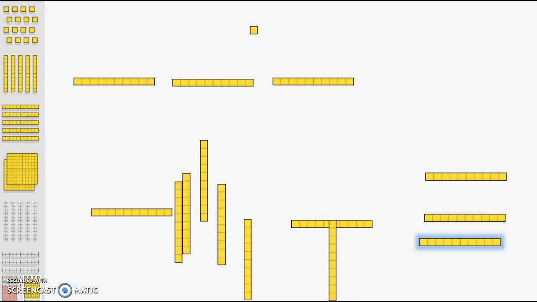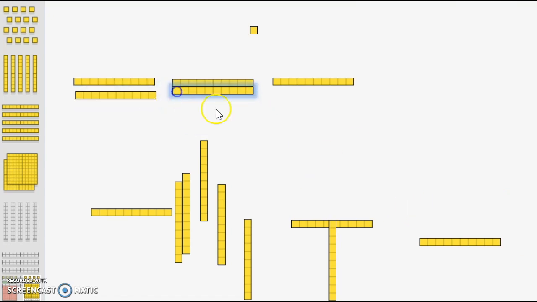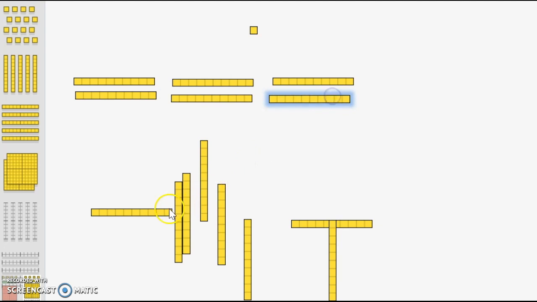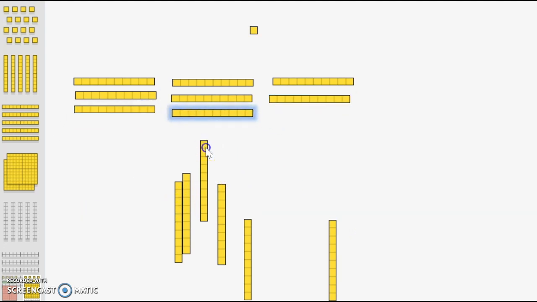We exchanged our hundreds for groups of 10. And so now I'm just lining them up by groups of 3 here to see what we can do here to make a rectangle.